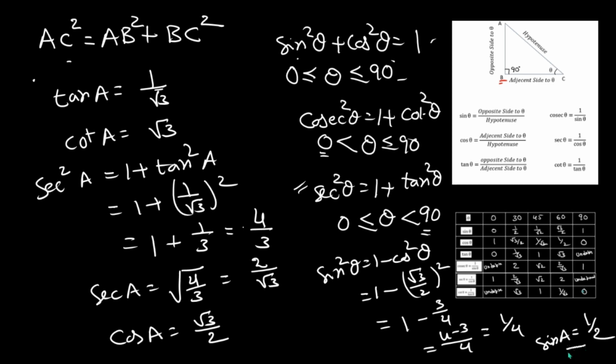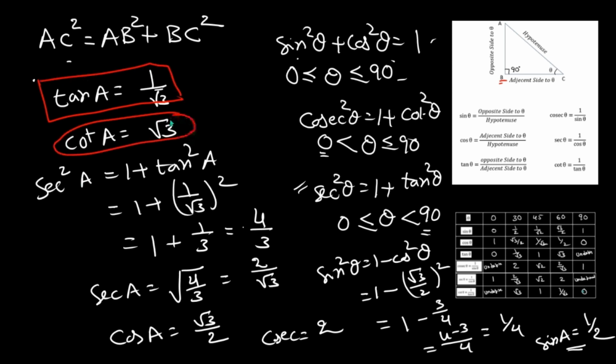Now we know sin. What about cosecant? It is the reverse of sin, so it will be 2. Now, tan A is 1 by root 3 is given. We derived the cot here. Then using this identity, we derived the secant.